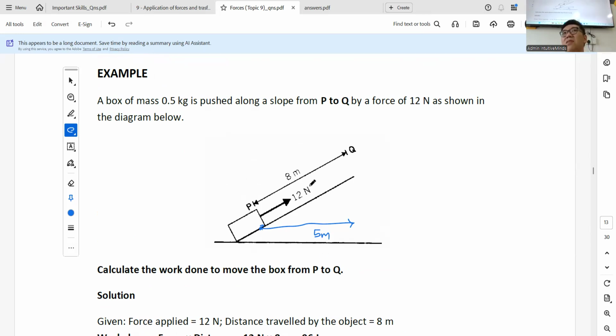Then they ask you, what is the distance moved? They ask you the work done. So is it 12 times 8 or is it 12 times 5? Why not 12 times 5? Yeah, the distance is in a different direction from the force. The force is moving this way, whereas the distance is this way. Okay?